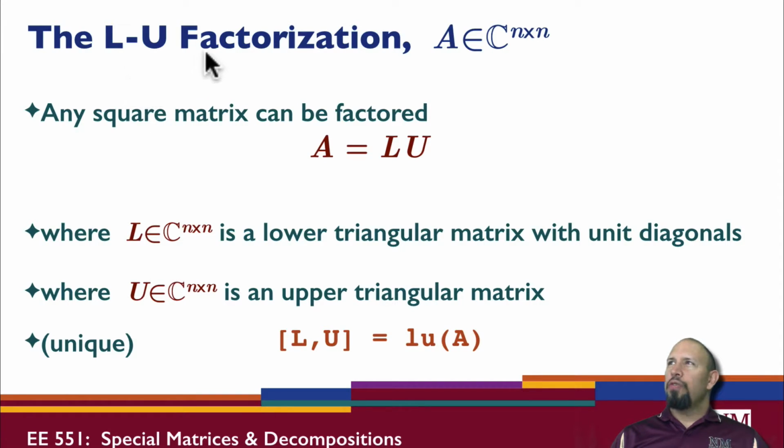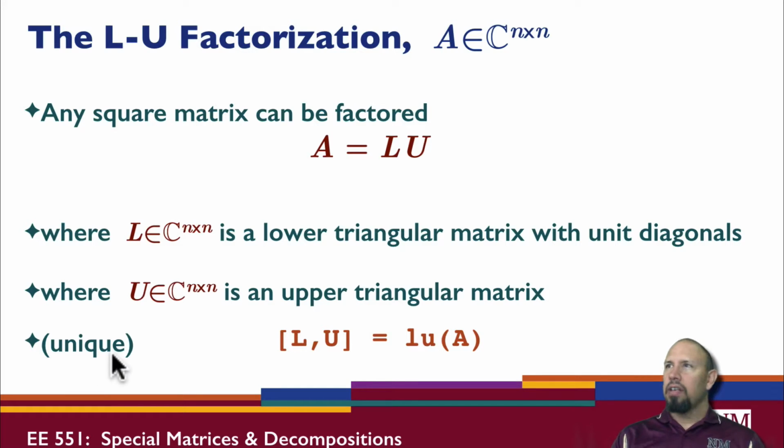Then there's the LU factorization for a square matrix. LU is lower-upper, so this is a little different. Any square matrix can be factored into a lower and upper. L is a lower triangular matrix with unit diagonals, that is ones along the diagonal, and U is an upper triangular matrix. Okay, so this factorization is unique.